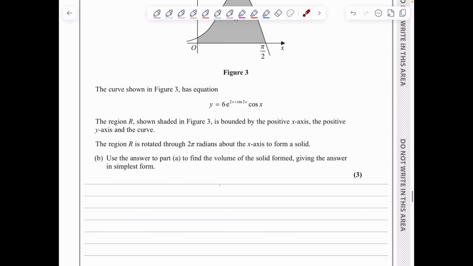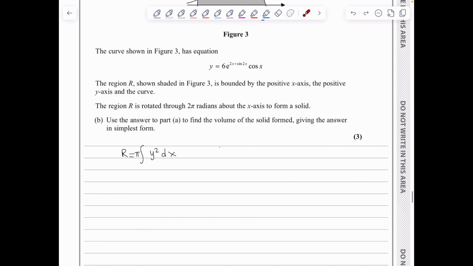Well, we know that the volume of revolution is given by the integral of pi y squared dx. So in our case, we're looking at the integral of 6e to the 2x plus sine 2x cos x all squared. The limits are 0 and pi over 2, and I've got the constant of pi there as well. So 6 squared here will give me 36, which can come out.